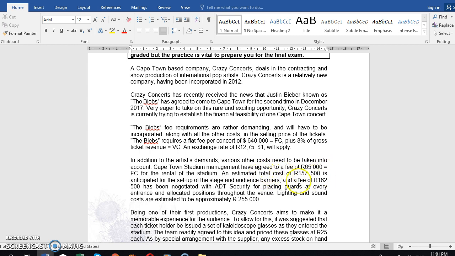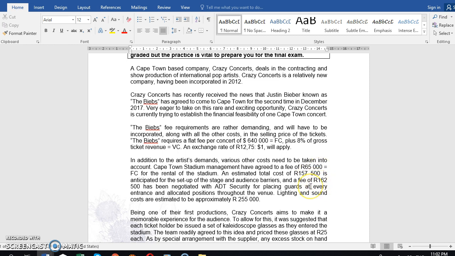Then an estimated total cost of $157,500 is anticipated for setup of the stage and audience barriers, and a fee of $162,500 has been negotiated. Okay, so this $157,500 is also a fixed cost because again it's not dependent on how many people attend.